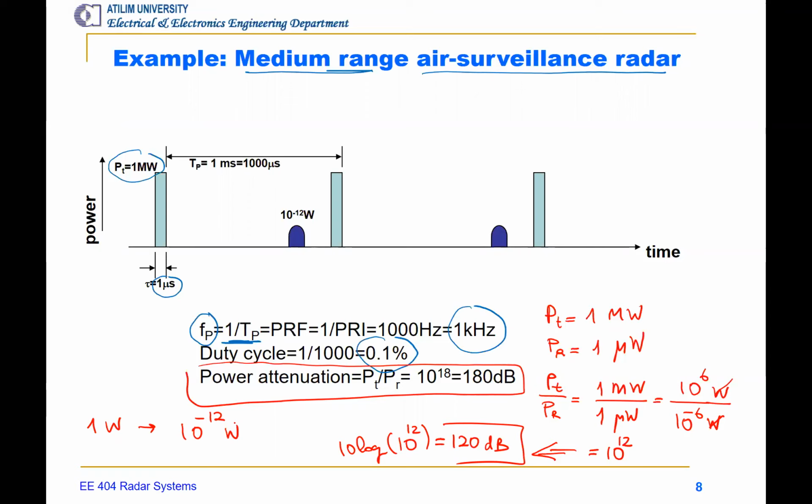All are ignored here. We just look at the parametric differences only: transmit power and received power, how much they differ. What is the range of these power ratios? It's quite big, as you see, 10 to the power 12.